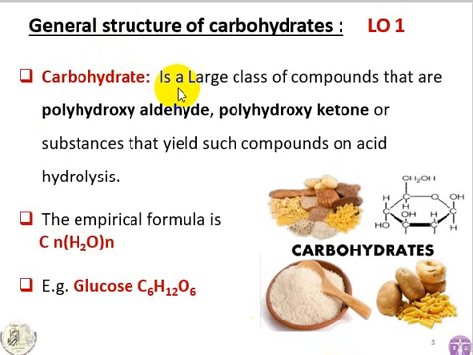Carbohydrate is a large class of compounds that are polyhydroxyaldehyde, polyhydroxyketone, or substances that yield such compounds on acid hydrolysis. The empirical formula of the carbohydrate is CnH2nOn, and the best example here is glucose, which contains 6 carbon atoms, 12 hydrogen atoms, and 6 oxygen atoms.